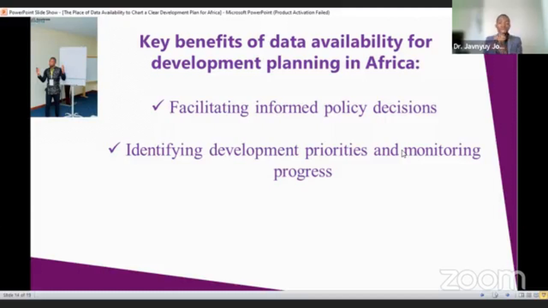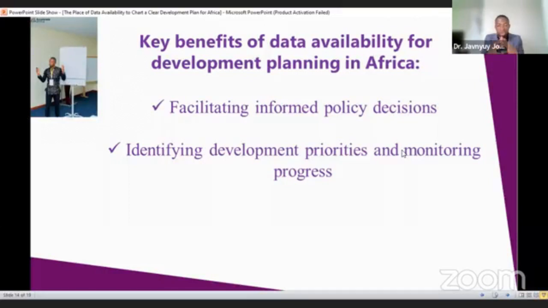Number two is when data is available, it helps to identify development priorities. The government does not invest money based on guesswork or just political ambitions. No, the government begins to invest money based on what is really happening on the ground. Don't take billions and put them in one institution just because you feel that is important.